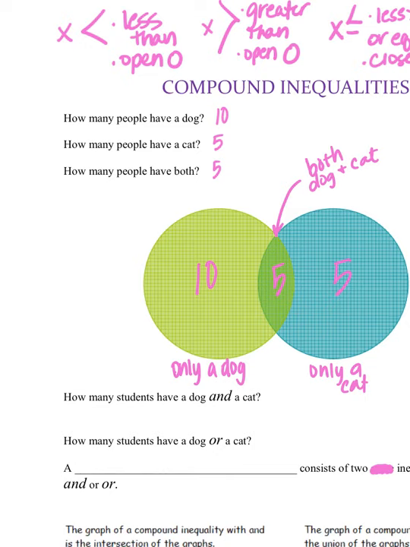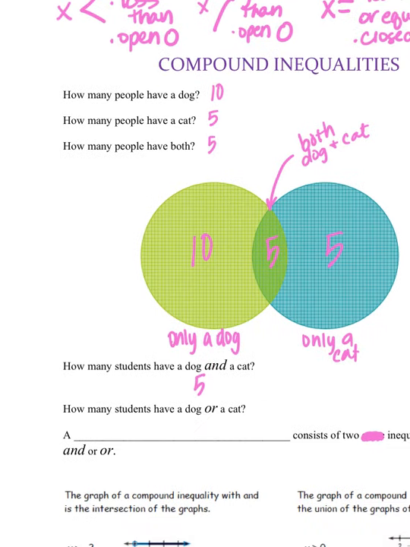So again, how many students have a dog and a cat? 5 have a dog and a cat. So how many students have a dog or a cat? That's where we would look at 10 and 5, so we would say that 15 people have a dog or a cat. We're not including those that have both a dog and a cat. We're including those that only have a dog or a cat.